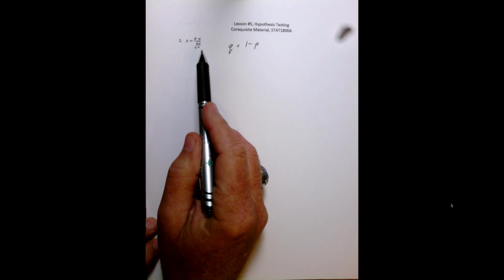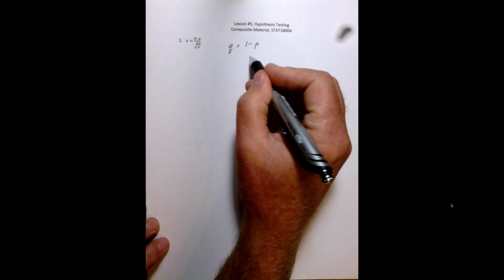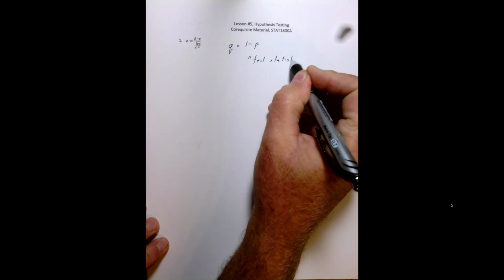So sometimes we have to calculate this test statistic by hand. The focus of the co-requisite material for this lesson is to run through how we calculate these by hand.